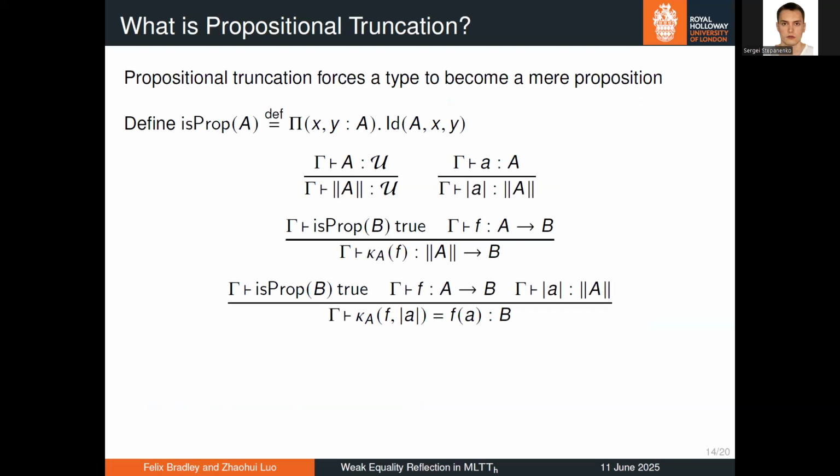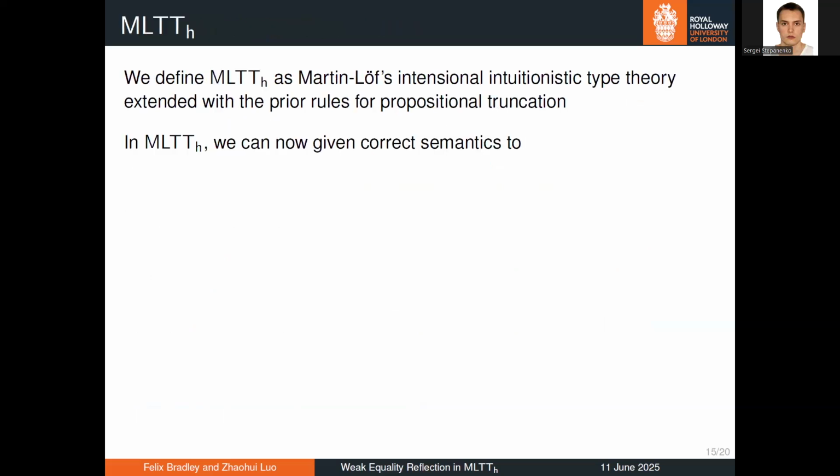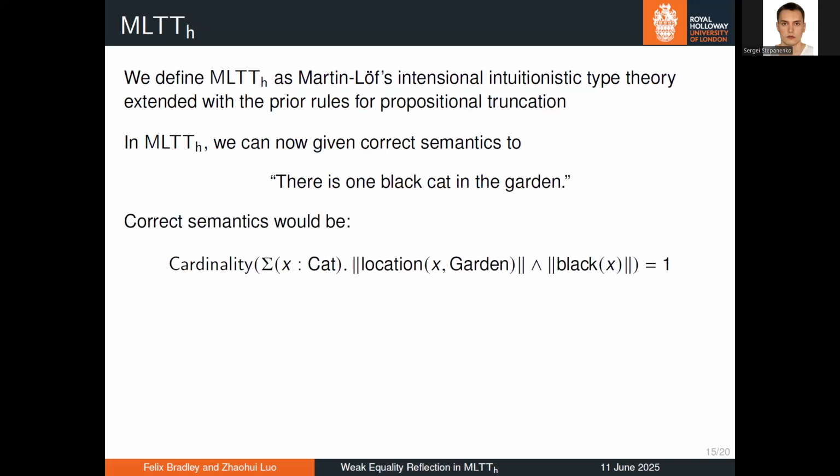I'm going to have to start going quicker because I'm running out of time. But the key idea is that if we take the truncation of a type, all of its objects are propositionally equal. And then when we go back to natural language semantics, we can use this to actually prescribe the correct semantics for this sentence. We're taking a truncation of these two different properties. We're no longer counting multiple proofs of the same thing.